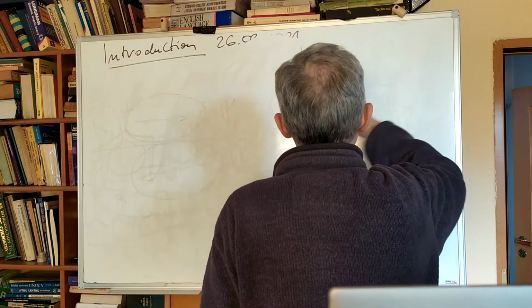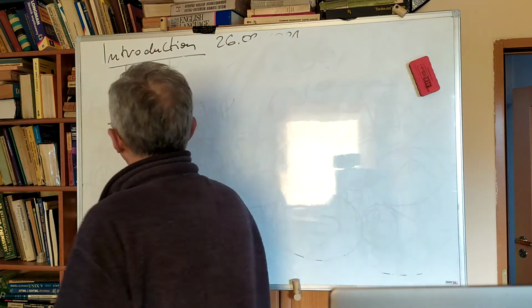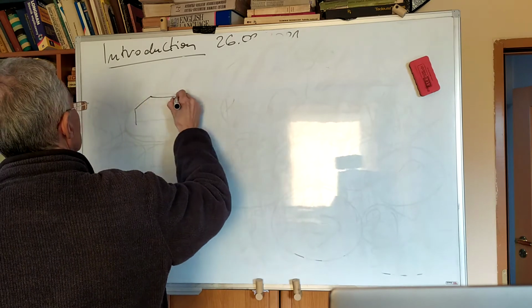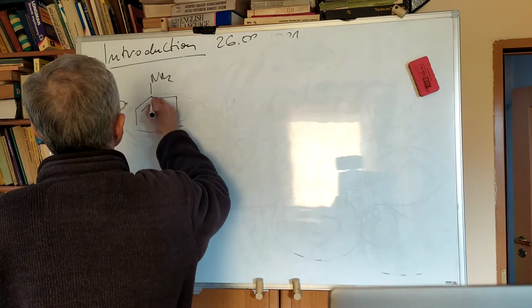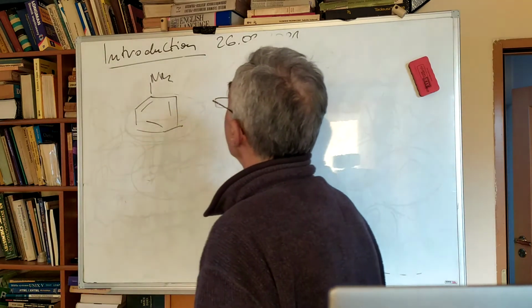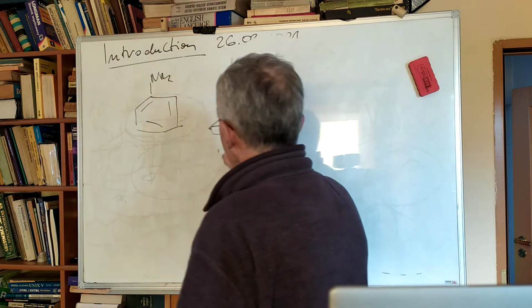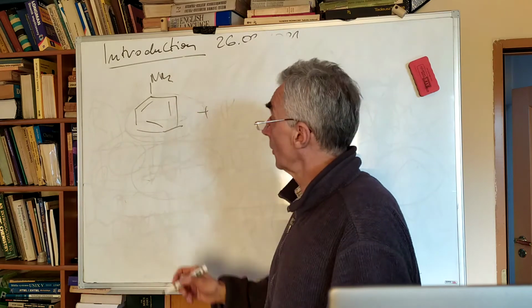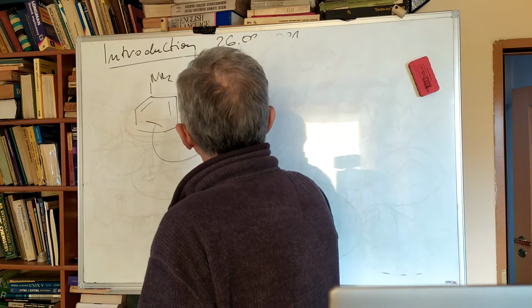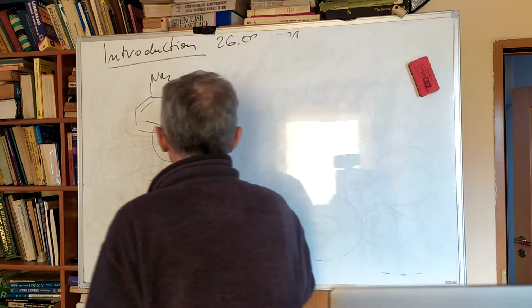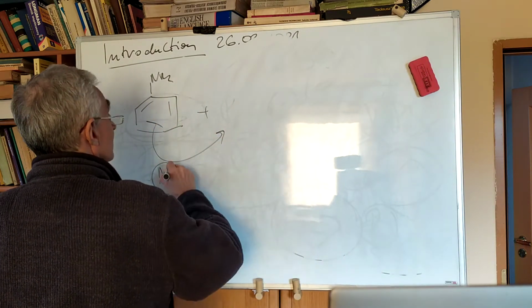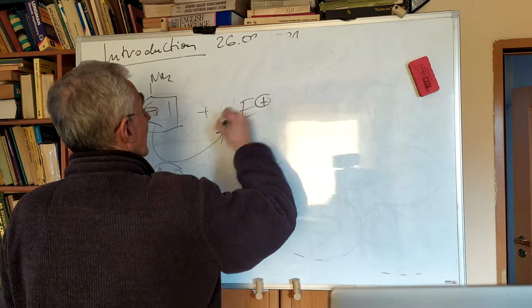So, aromatic electrophilic substitution, let's say we would like to have an aniline, so an NH2 group, and we have here of course the reaction. A typical reaction will be like that, so we have here a nucleophile and here we will have an electrophile.